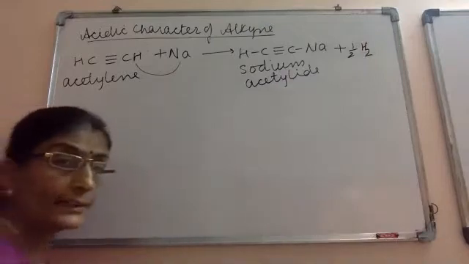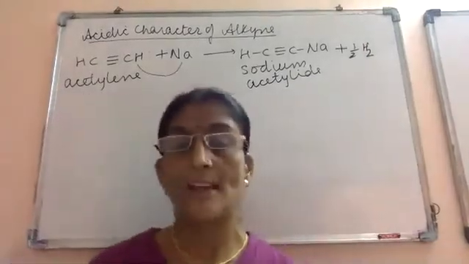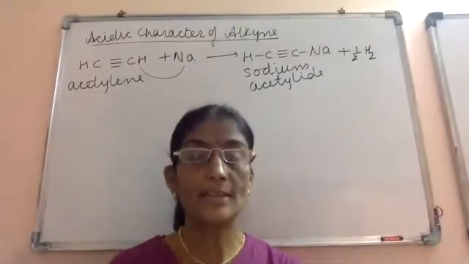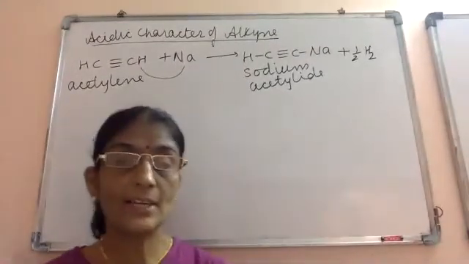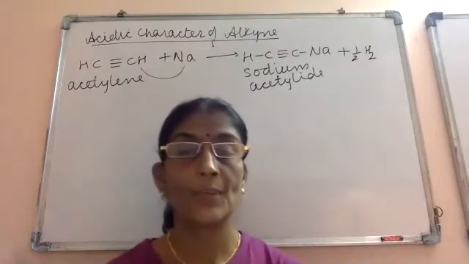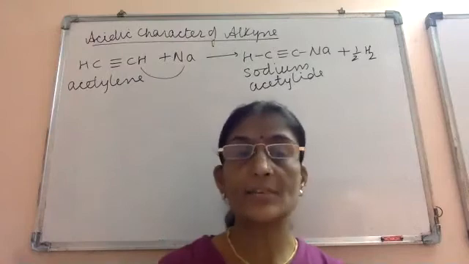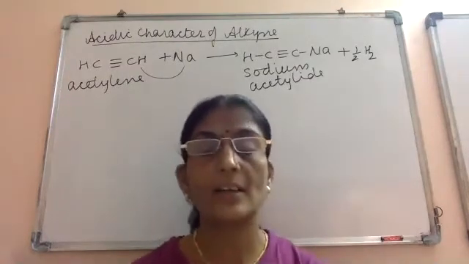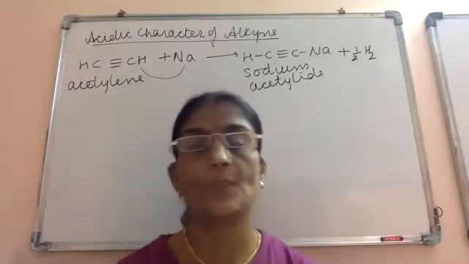We know that if an acid is treated with metal and hydrogen gas is released, we can say that it is an acid. This is one of the characteristics of acid. So when acetylene is treated with sodium, the salt formed is sodium acetylide and hydrogen gas is released.